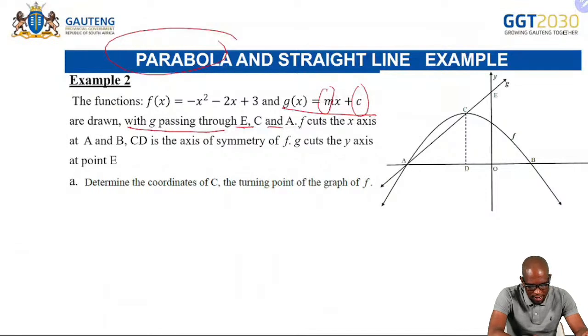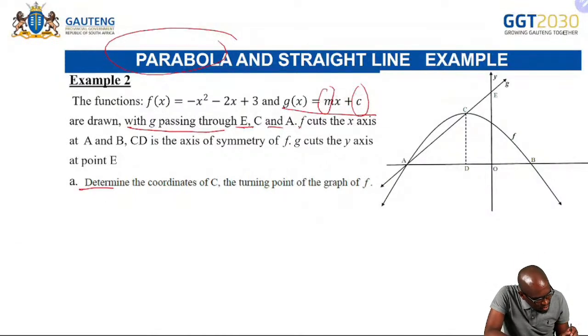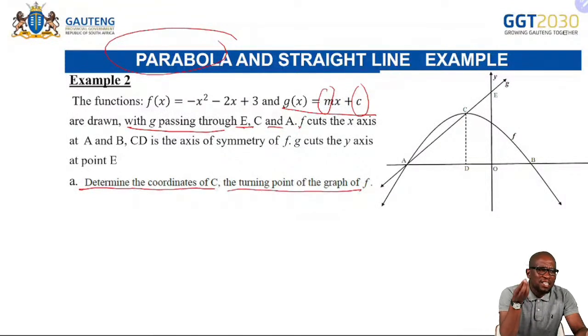g cuts the y-axis at point E, just like you can see when you look at the graph. So now, they say determine the coordinates of C, the turning point of the graph. Remember, another examiner may not be this lenient and say the turning point.